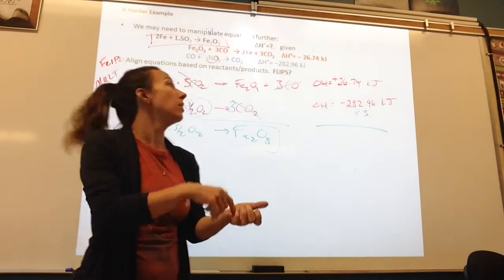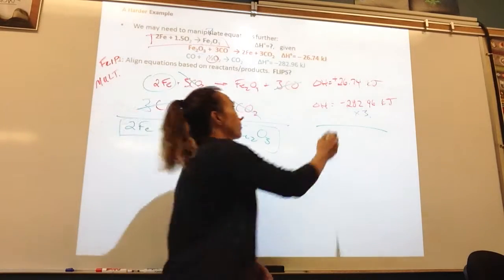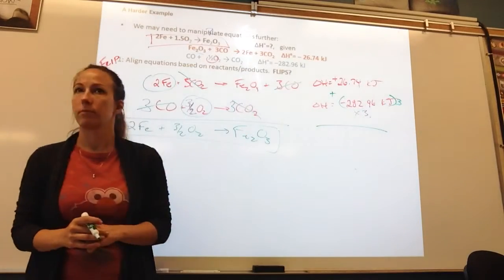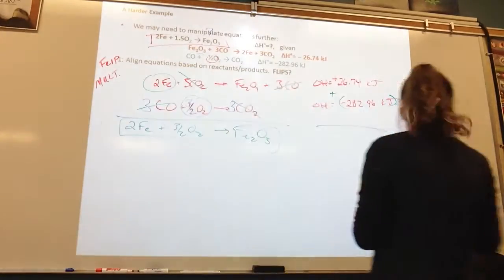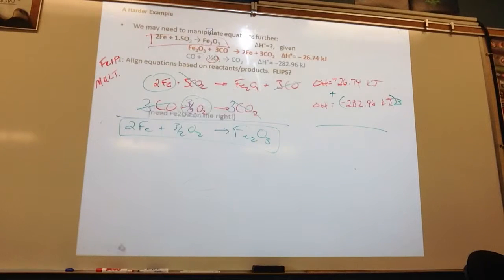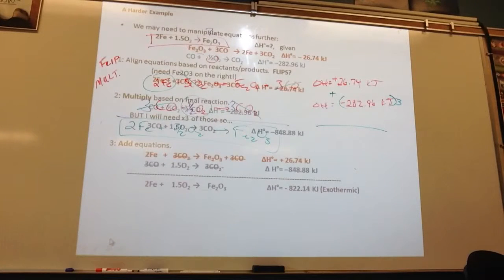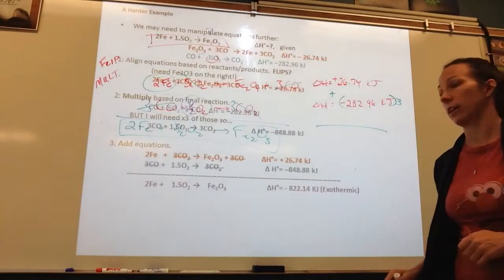Positive 26.9 plus 3 of those. Okay, and your final delta H ends up being negative 822, and it's exothermic because it ended up with a negative value.